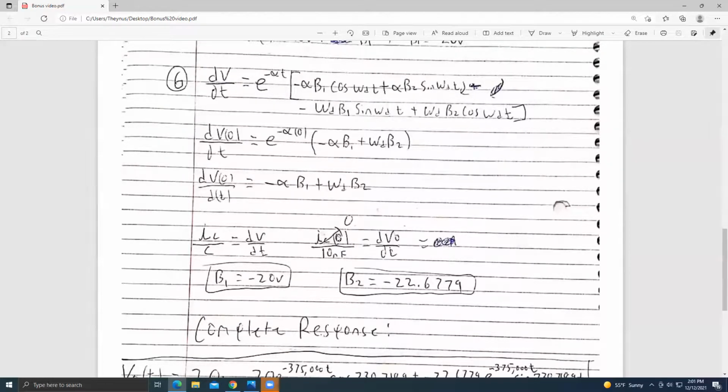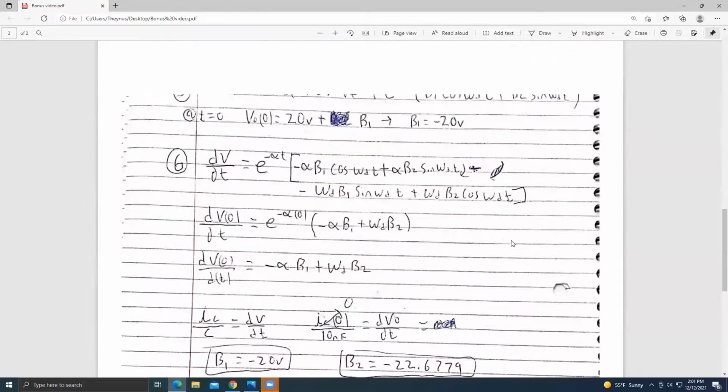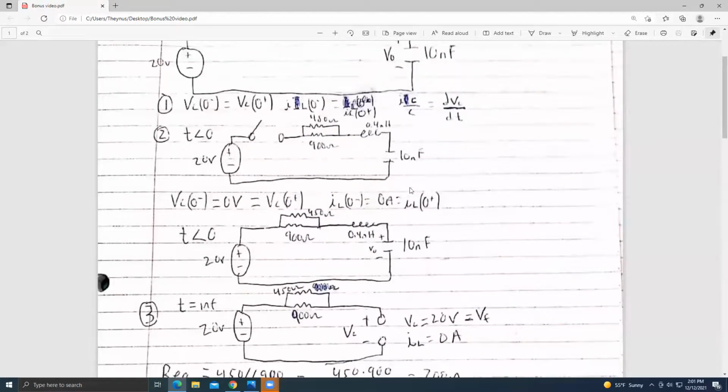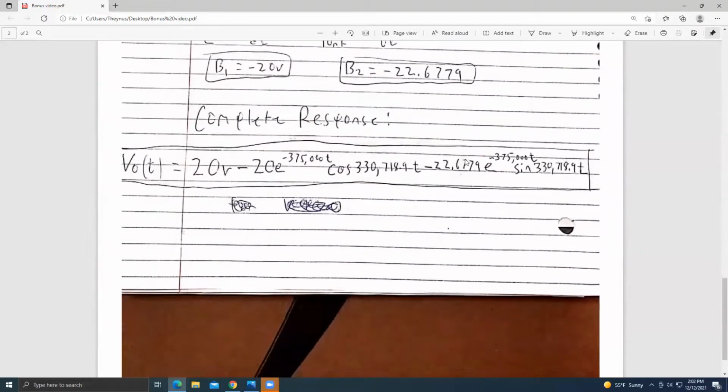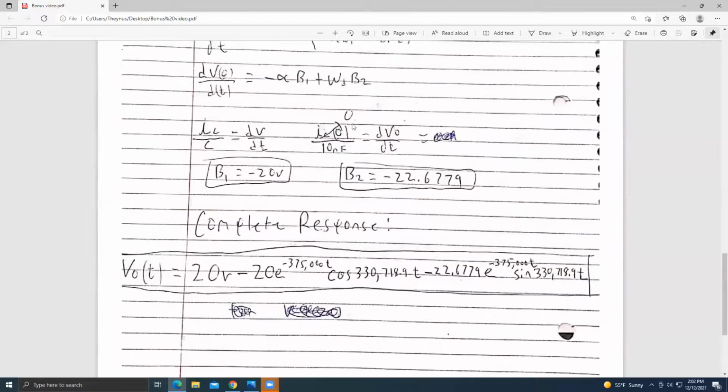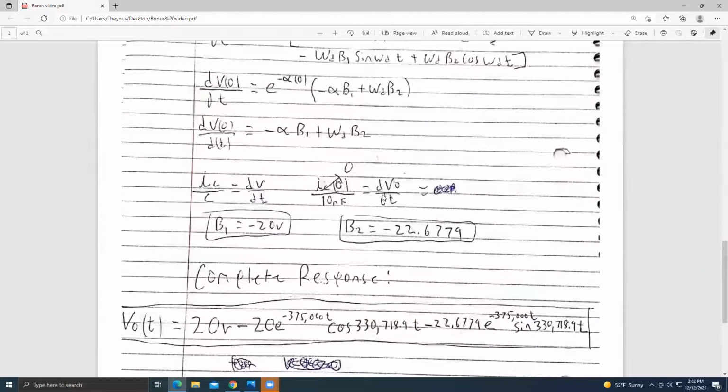Well, our IC at time equal to 0 minus, or 0 plus at this point, we know that to be equal to 0. That's what we found up here. The current coming through at time less than 0, or at our IC of 0 minus, is going to be 0. Okay, with that being the case, we get 0 over 10 nanofarads is equal to dv naught of 0 dt, meaning that this goes to 0 as well.